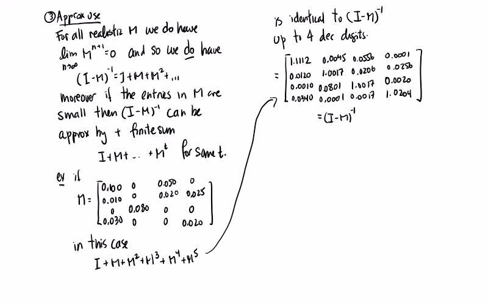I'm saying equals because they're equal to the fourth digit beyond the decimal point. You could say approximately if you want to. So we can do these very short sums to get approximations for inverses. I'm not saying this is computationally better, I'm just pointing out this is an interesting side effect.